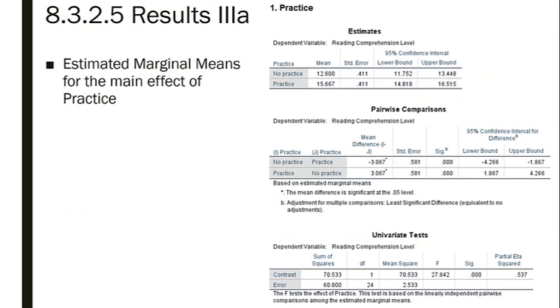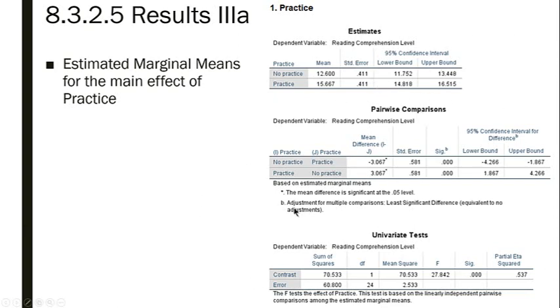And you'll notice that each of these comes with 3 different tables. One that describes the estimates, which gives you your confidence intervals at each level of the independent variable. So here's the marginal mean for no practice and the marginal mean for practice with 95% confidence intervals for each of them.